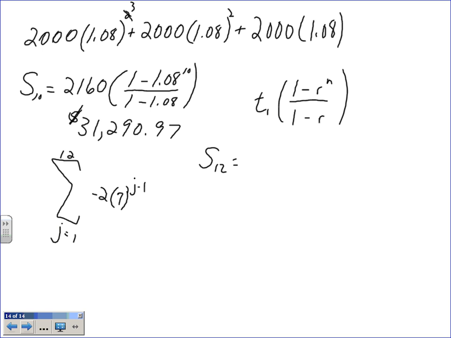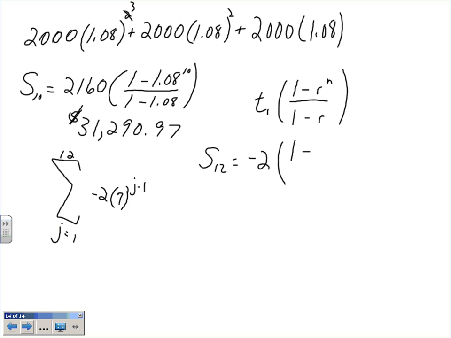So I need the ratio and I need the first term. In order to find the first term, I put 1 in for j. 1 minus 1 is 0. 7 to the 0 power is 1. -2 times 1 is -2. That's my first term. What do I need to find the ratio? I need the second term, don't I?